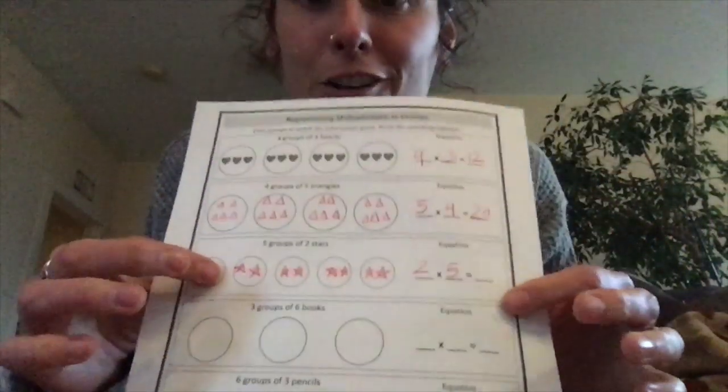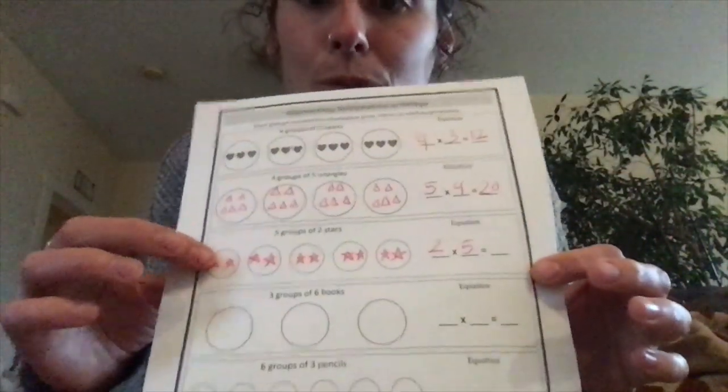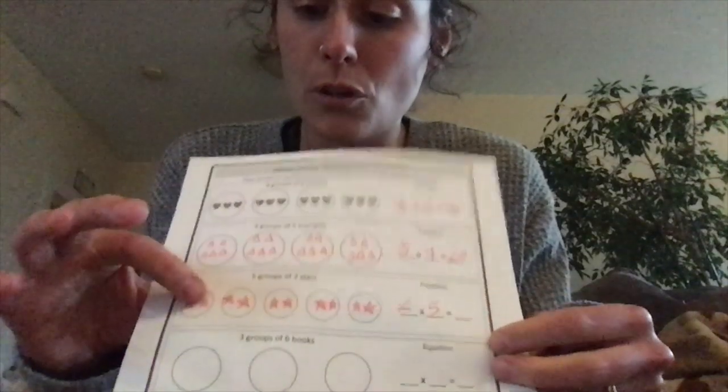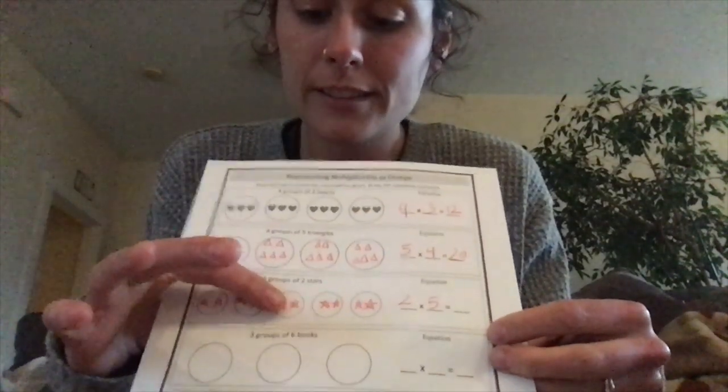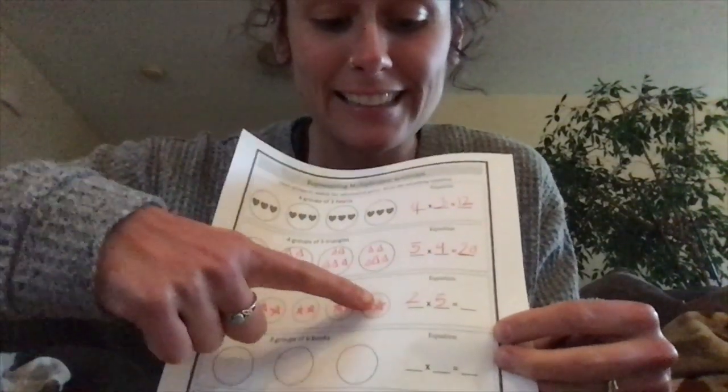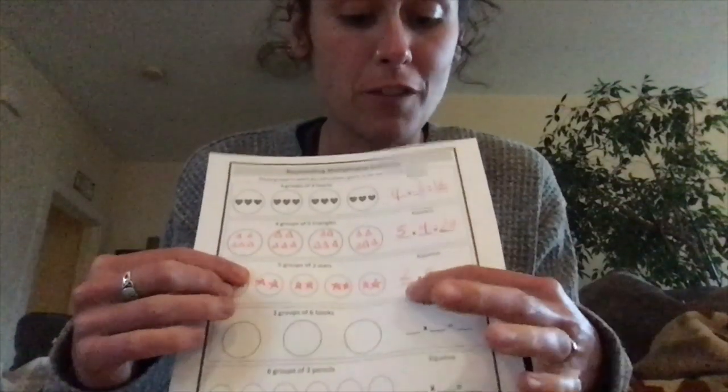So if we've got 5 groups of 2 stars, that's going to be 2 times 5. So let's write our problem in. 2 times 5. So what we're going to do now is actually count by 2s, right? So 2, 4, 6, 8, 10. So 5 times 2 is 10.